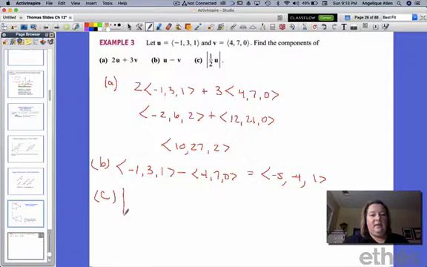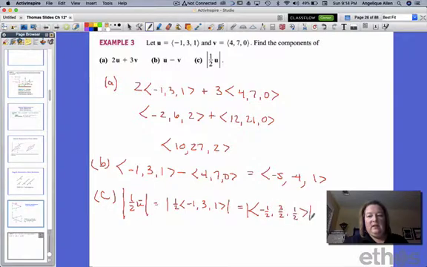Okay, the length of 1/2 u is going to be, first of all, the length of 1/2 of <-1, 3, 1>. So I'm being very formal here, by the way. Distributing -1/2, 3/2, 1/2, and then take the length.